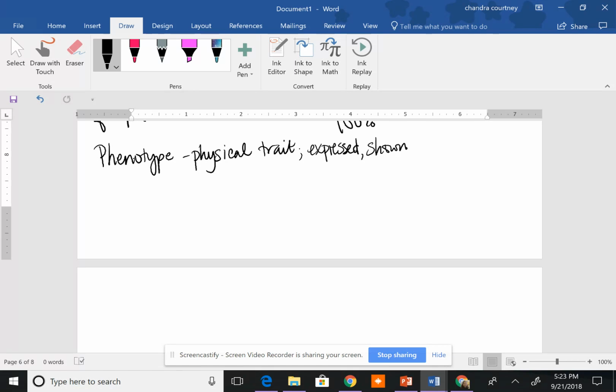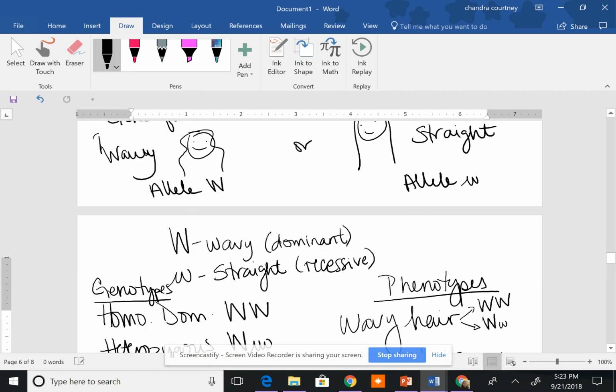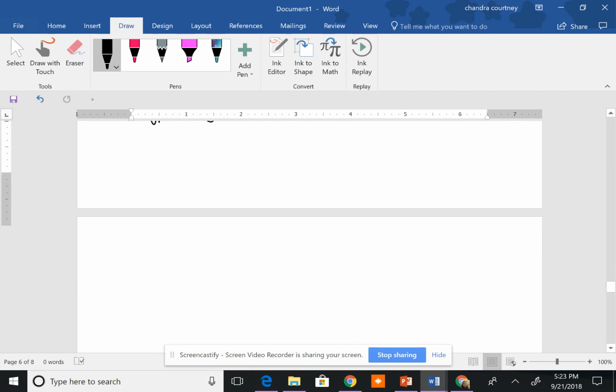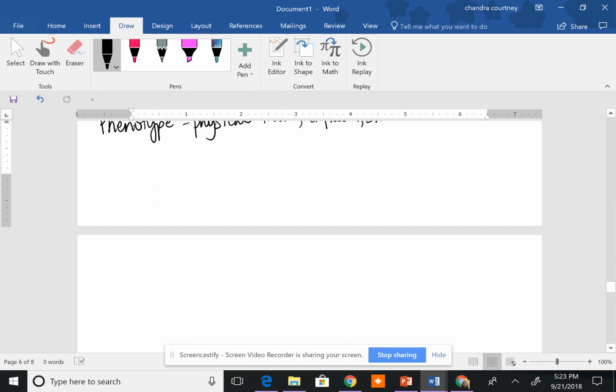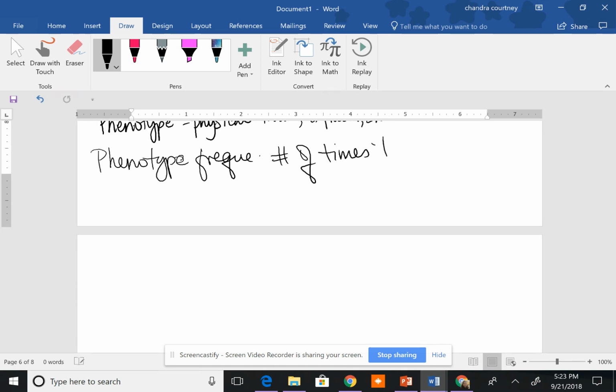So not the chromosomes, but just the trait, period. Remember, in this situation, the trait is wavy hair or straight hair. So this is the number of times the trait is shown in the population.